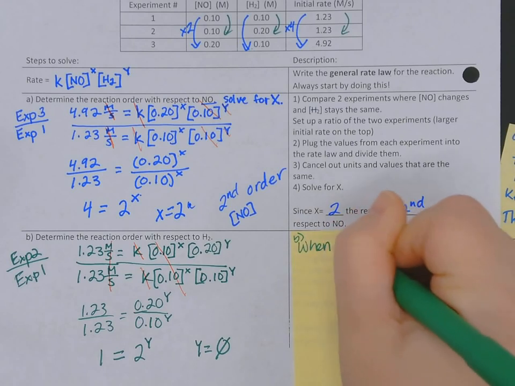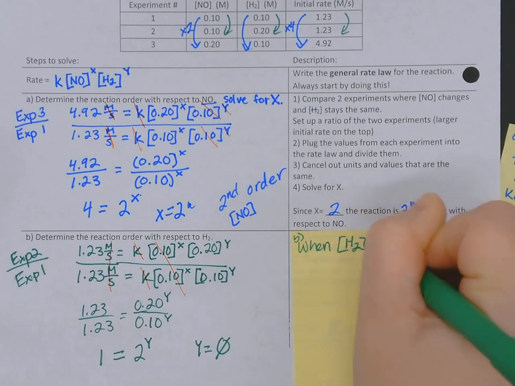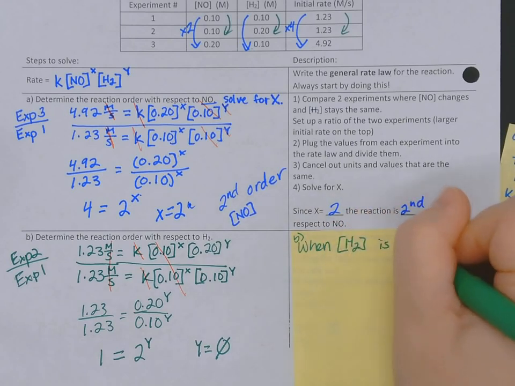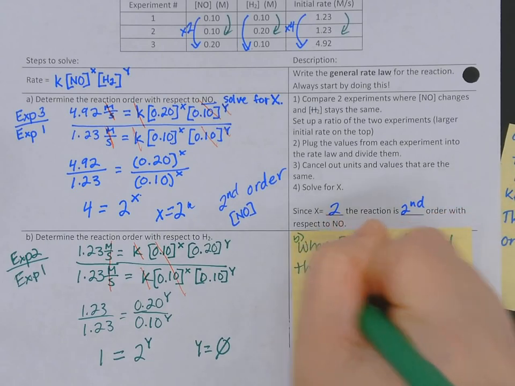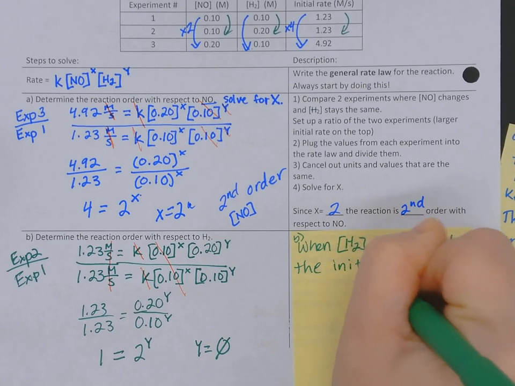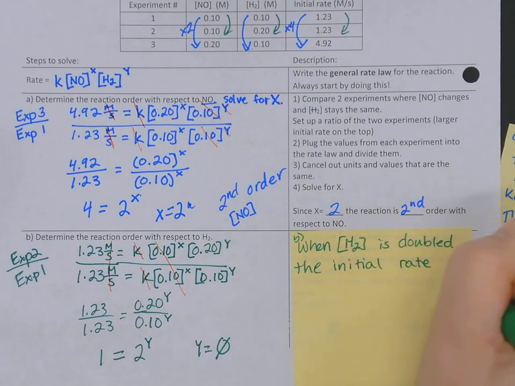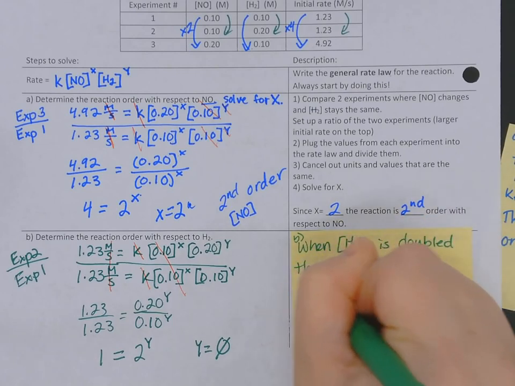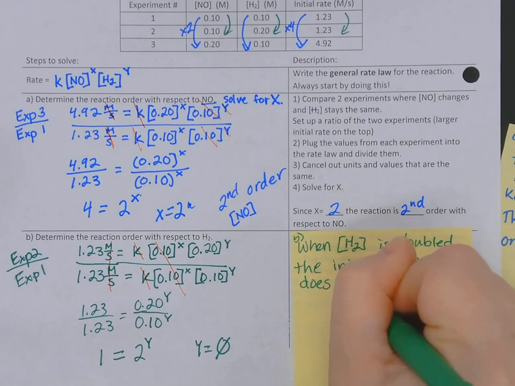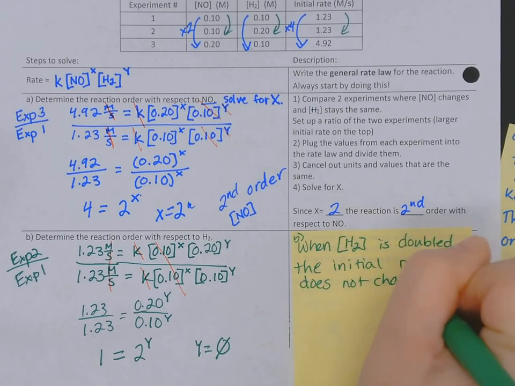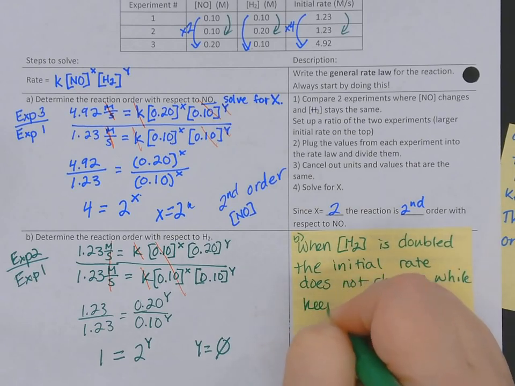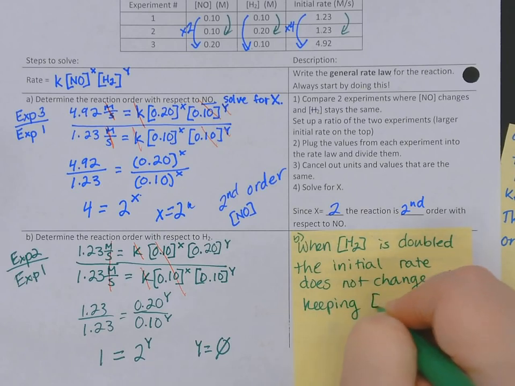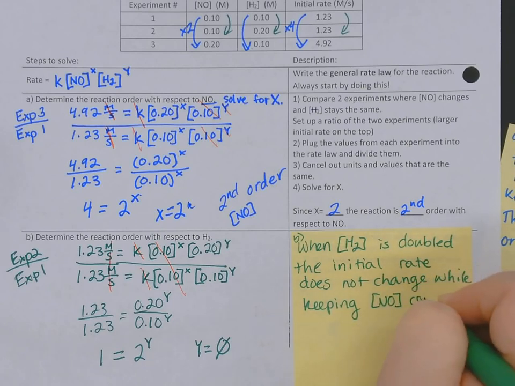When H2, or the concentration of H2, is doubled, the initial rate does not change, while keeping NO, the concentration of NO, constant.